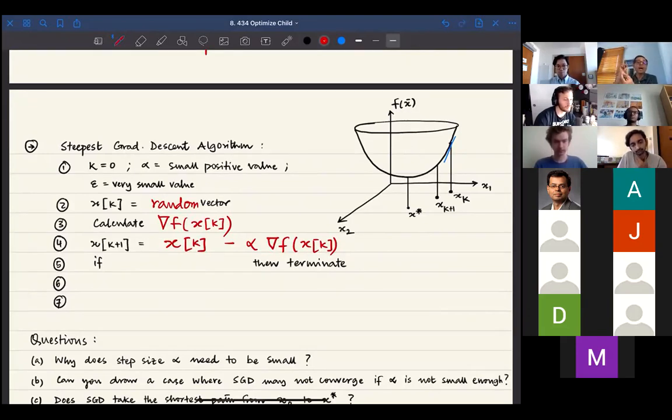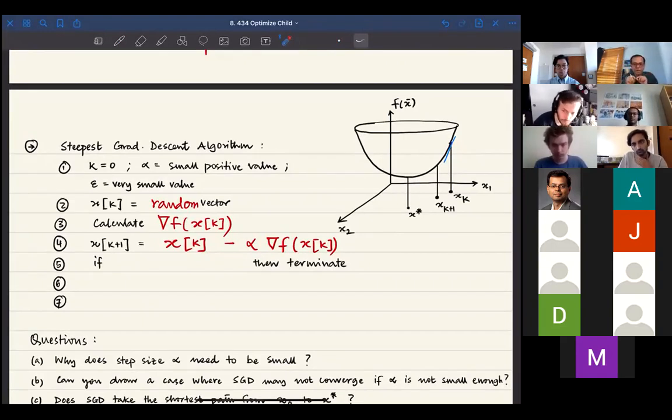Now the question is, how much do you go? And that is defined by this term alpha. Ideally, you should go epsilon and then again calculate the new gradient. So imagine you're climbing down a mountain.